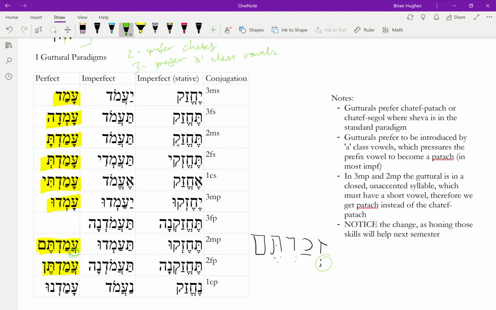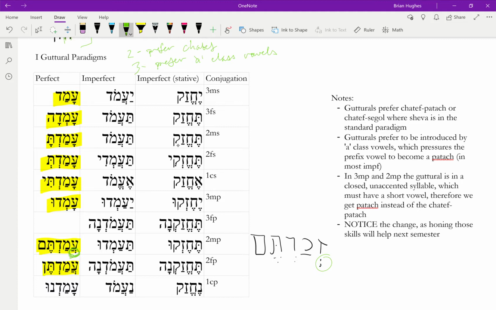Where we have a vocal shava here. Well, again, a guttural doesn't like to do that. It's already not making a whole lot of sound. It's asking the person to reach back in their throat, and so it wants to make that movement worth it, and so it goes for the chatef. And so instead of zachartem, we get amadtem. It's a slightly longer time to say this word.